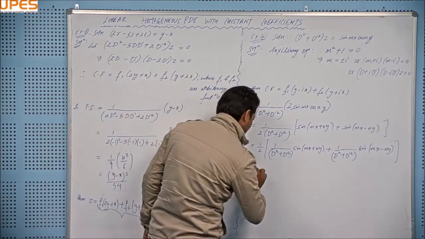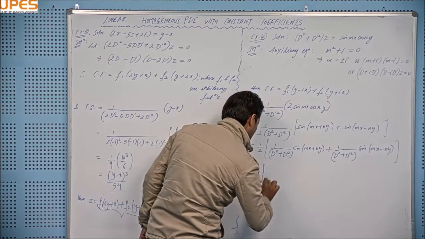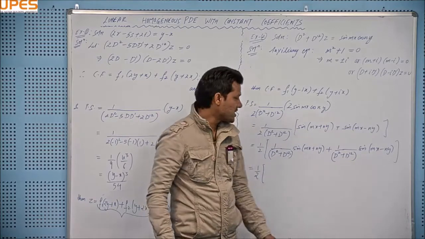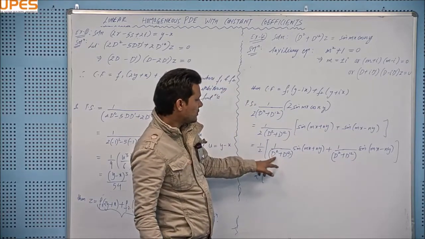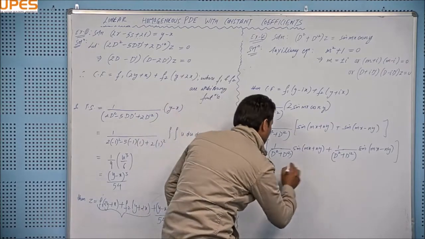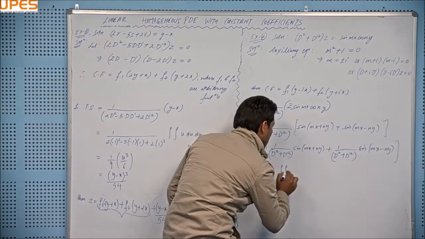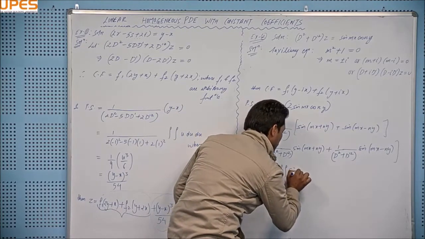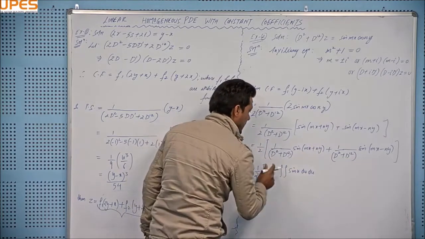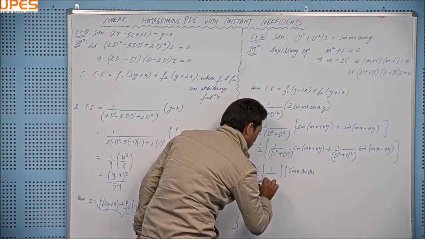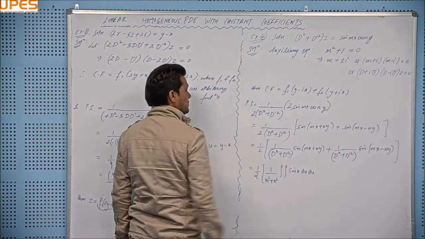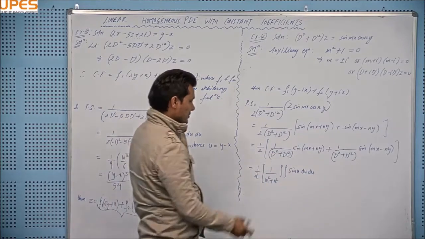Okay, then applying the formula for these two functions, one is sin(mx plus ny) and one is sin(mx minus ny). See the degree of this polynomial is equal to 2, so it has to be integrated twice. First thing is that, and it becomes the double integral of sin u du, right? This has been taken as u, and here we will have 1 upon m square plus n square, D is replaced by m and D dash is replaced by n, and I have to mention what my u is.